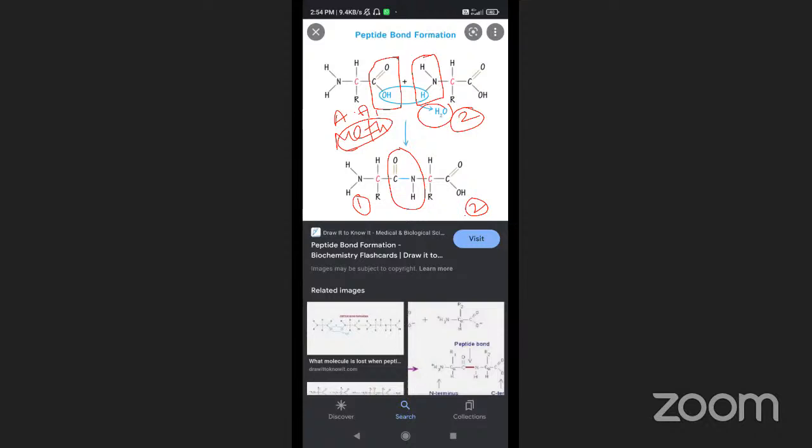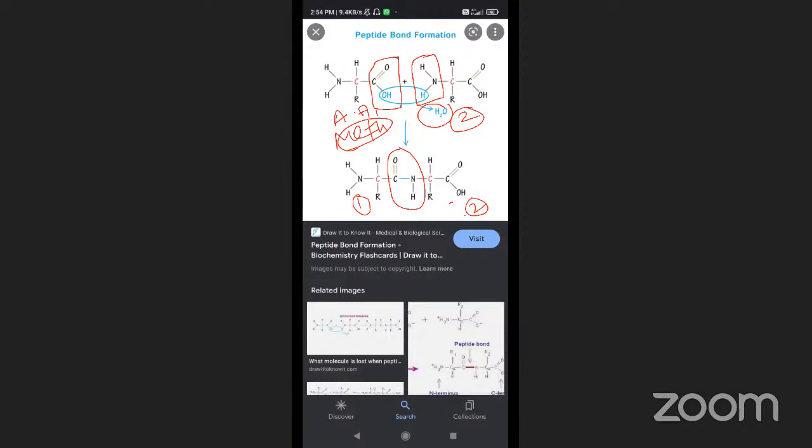Like this for first and second, and if you add the third one, it continues the same. Already here is the carboxyl group; for the next third amino acid, the bond forms between the carboxyl group and the amino group. Likewise, add another 4, 5, 6 amino acids, so many.